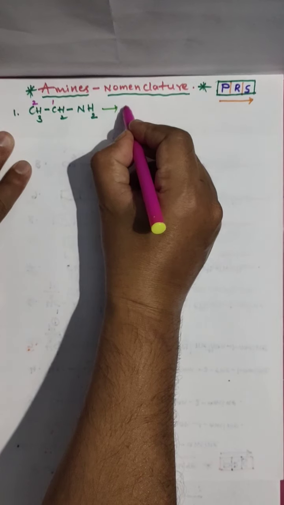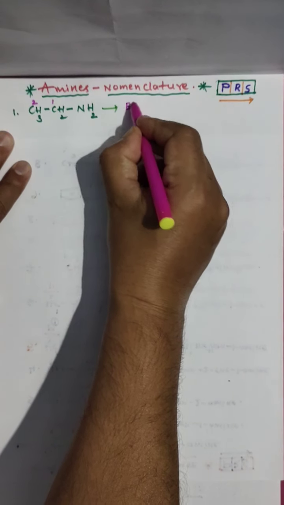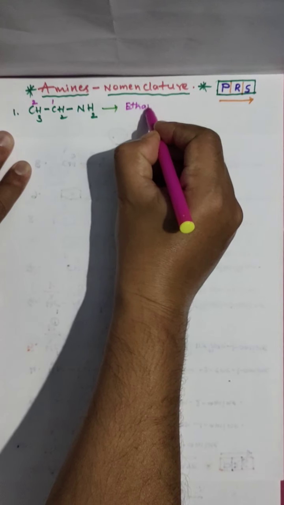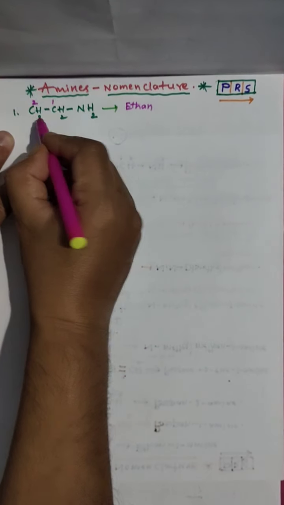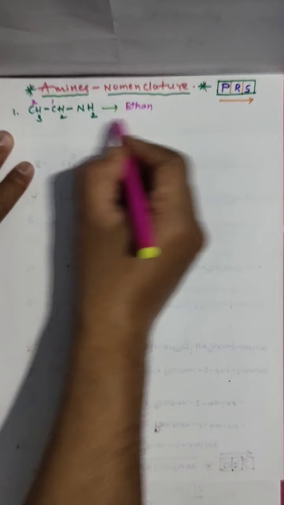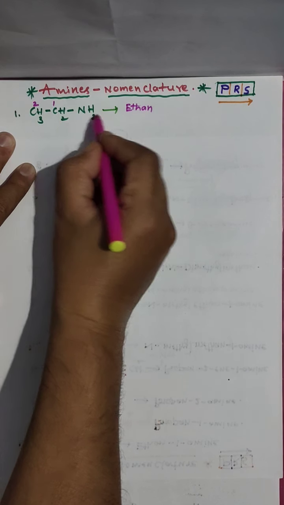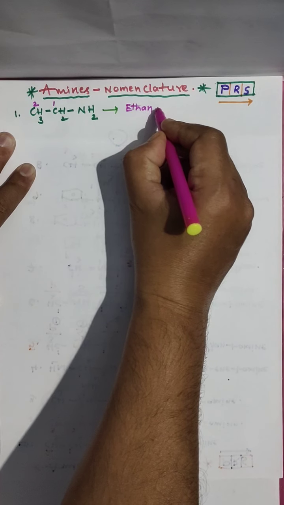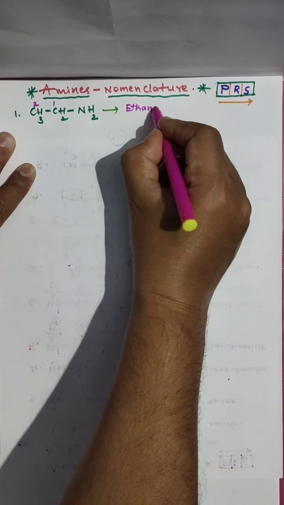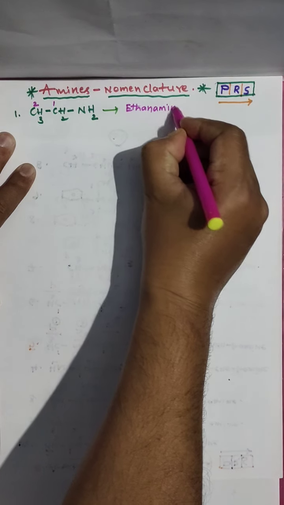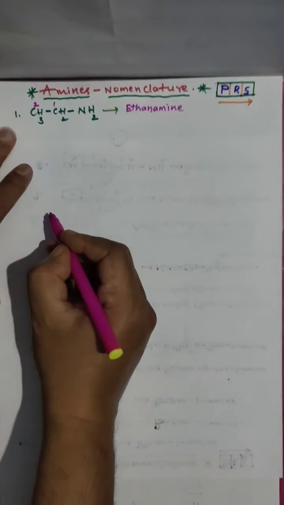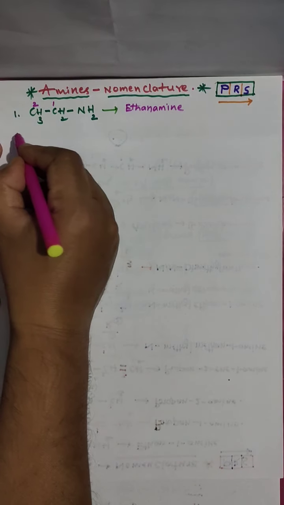Two carbons, and we write ethane because of the single bond. The first carbon is bonded to nitrogen, that is the amine group. That's why ethane plus amine, that is ethanamine. Clear? Ethanamine is the chain name.